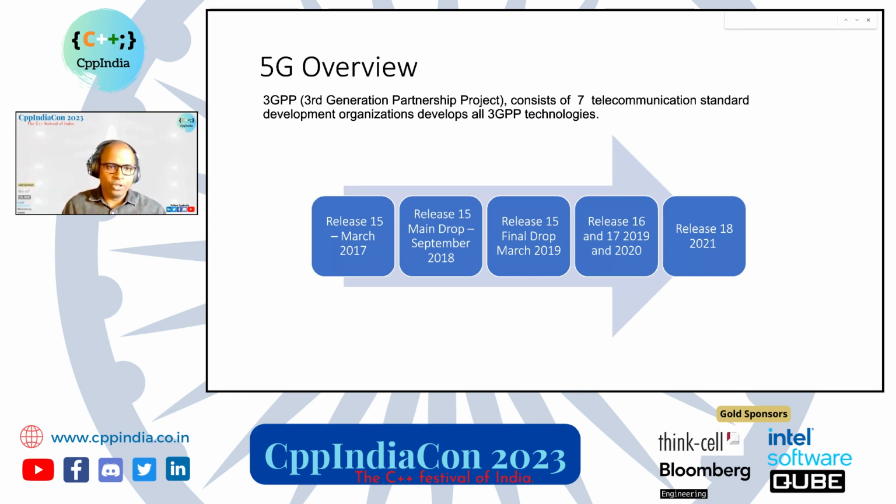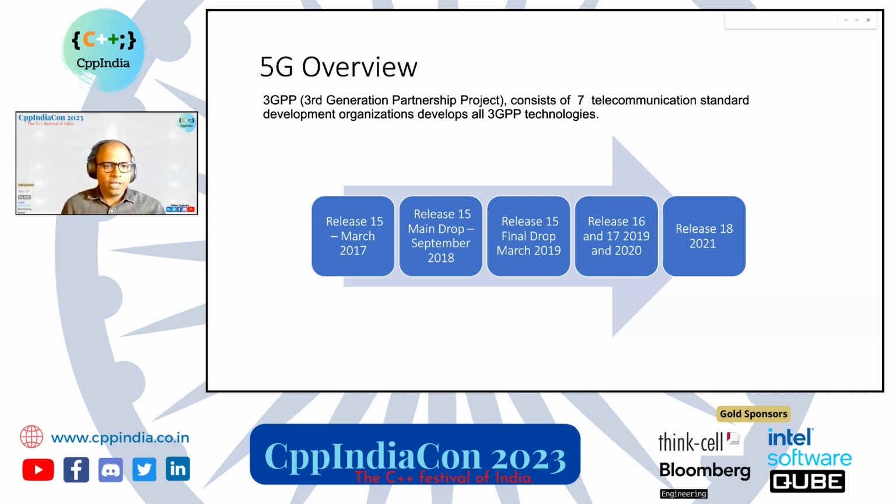All the major standard development organizations are part of this 3GPP, and they put out specifications, do a lot of research, and define all the technologies. These technologies are used in mobile communication. 4G, 5G, and whatever comes next are all put out by 3GPP.